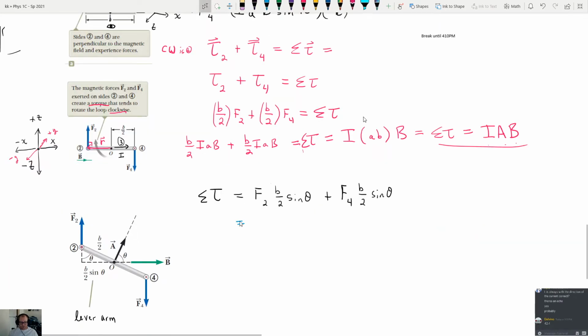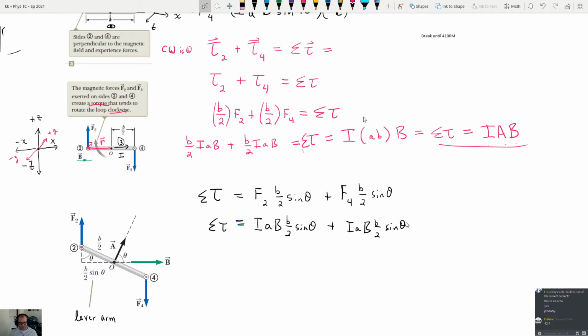So what we get is that our net torque is, this was I times A times B multiplied by B over 2 sine theta. And F4 is exactly the same, I times A times B over 2 times the sine of theta.